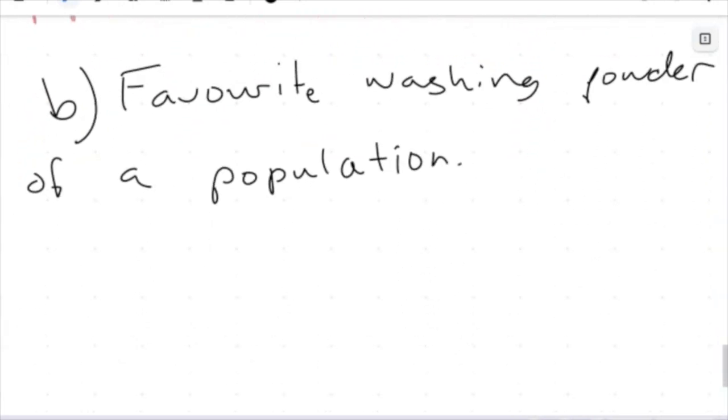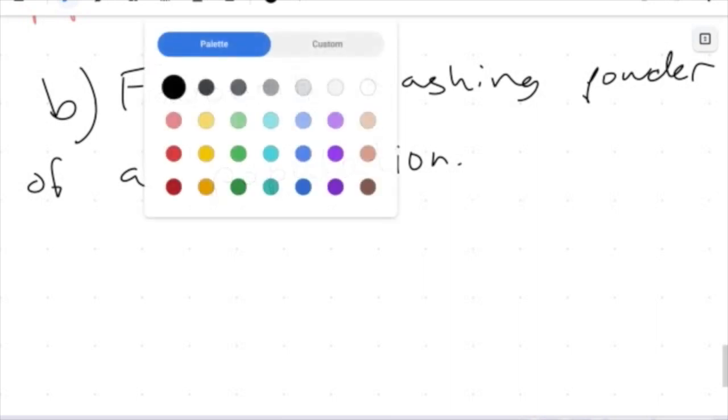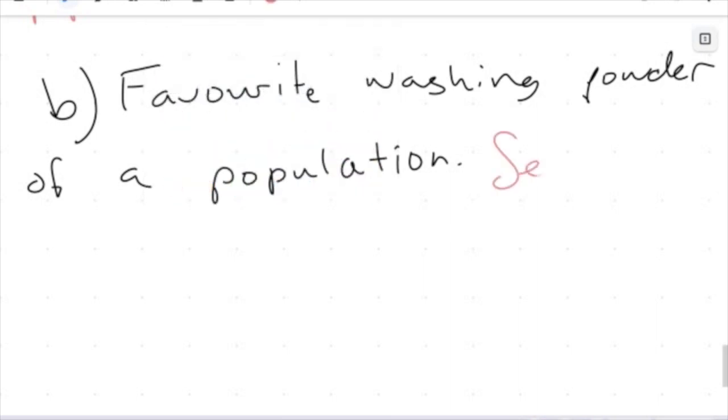Well, we can consider who's going to carry something like this out. Well, this would likely be, say, maybe not a primary source. Here, we are looking at a secondary source.